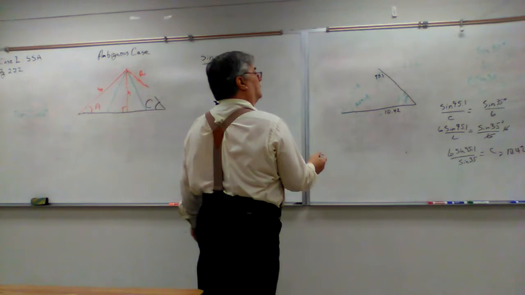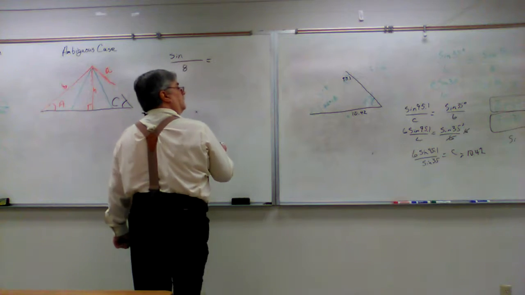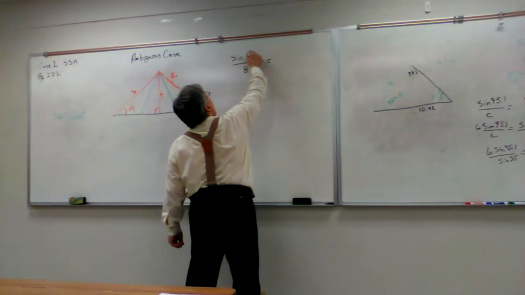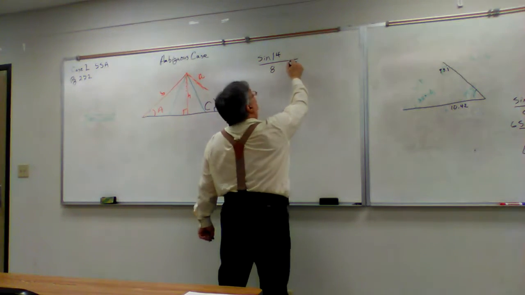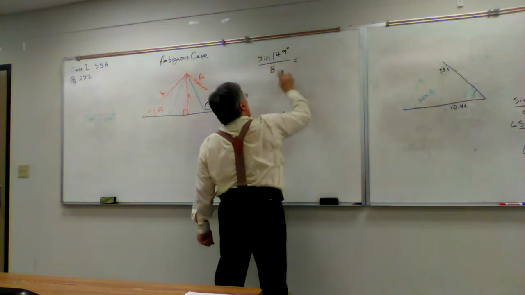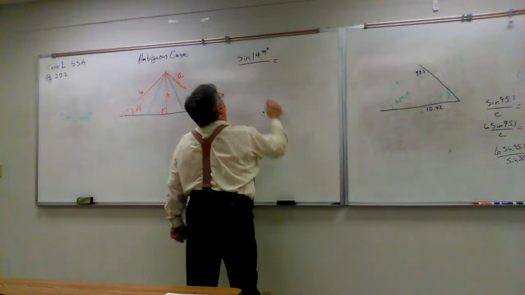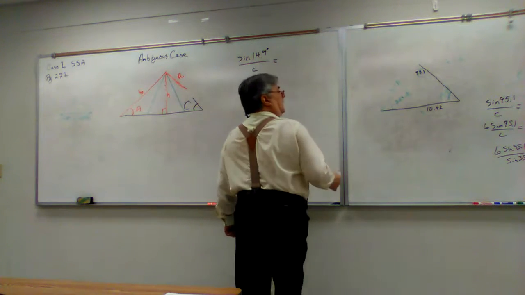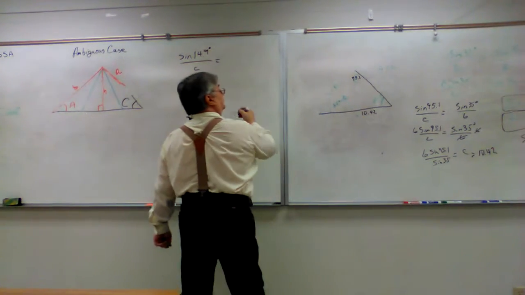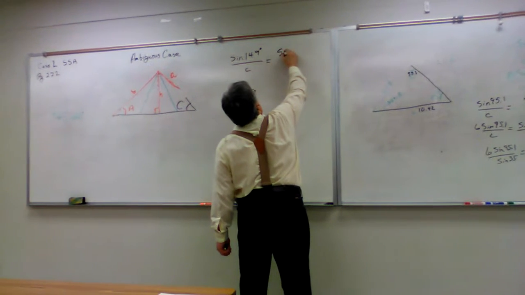All right. Sine 14.9 divided by C, and now that's equal to, again, sine 35 over 6.